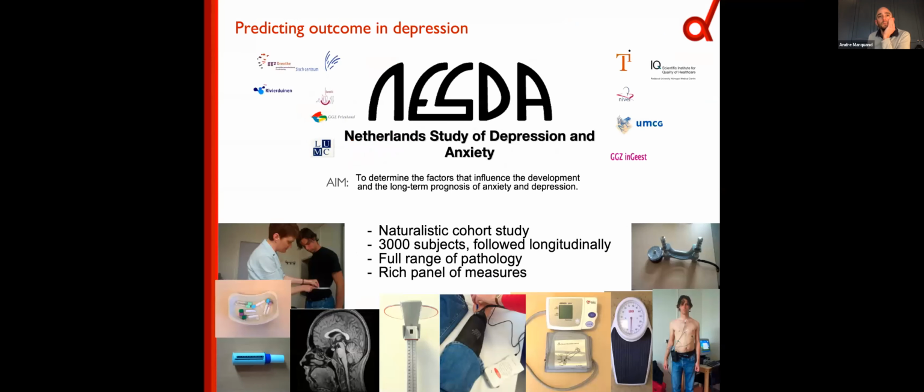The NESDA sample is a large cohort study in the Netherlands, which acquired many different kinds of measures and followed a number of patients up longitudinally, which makes it a pretty good candidate for a replication of this particular study.